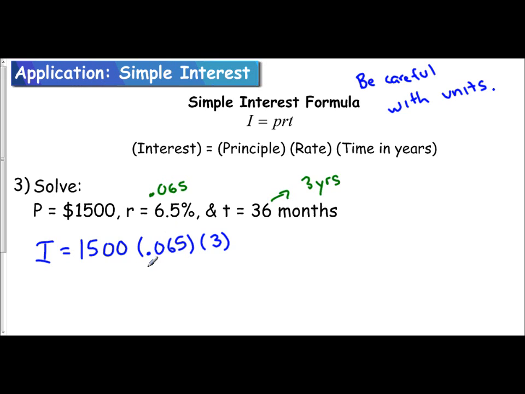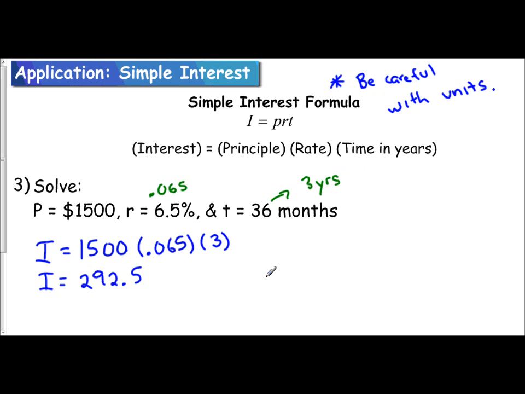And so we're going to do the same thing as before. Follow order of operations. Since it's all multiplication, we multiply straight across. If you were to type 1500 times 0.065 times 3 in your calculator, your calculator says 292.5. Again, we always need to be careful with story problems with our units.